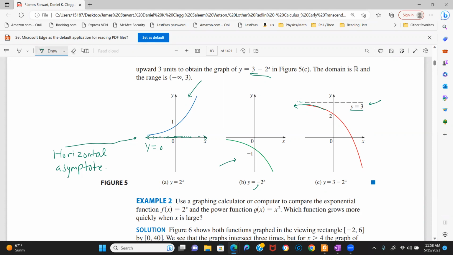So the domain is still the same. It's the same as the exponential function. The range is different. Remember, if I have f of x equals b to the x, the range or the image is going to be all the positive numbers, and you can see that in this graph right here.